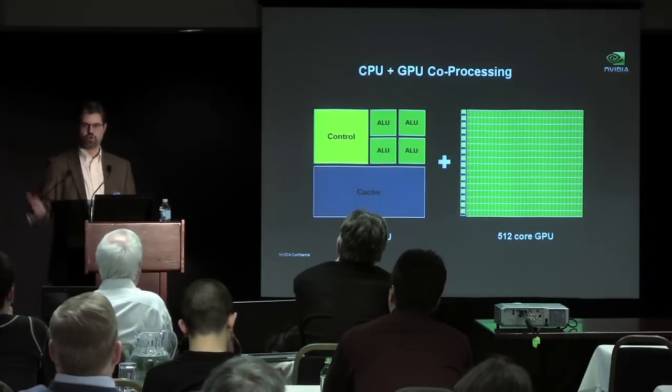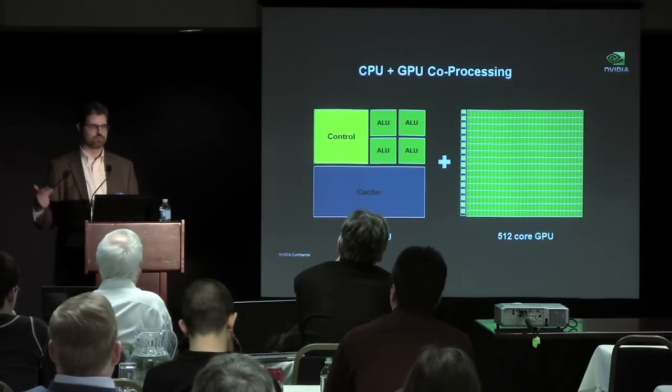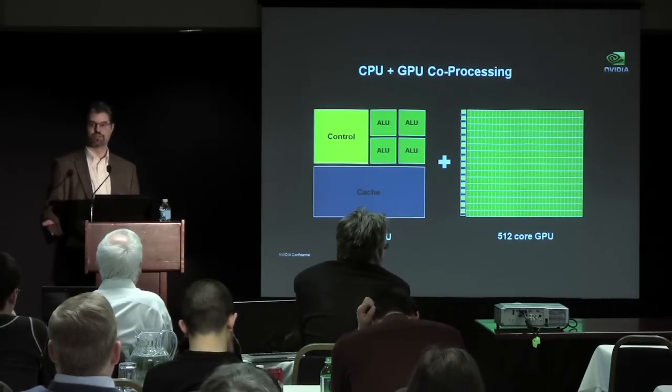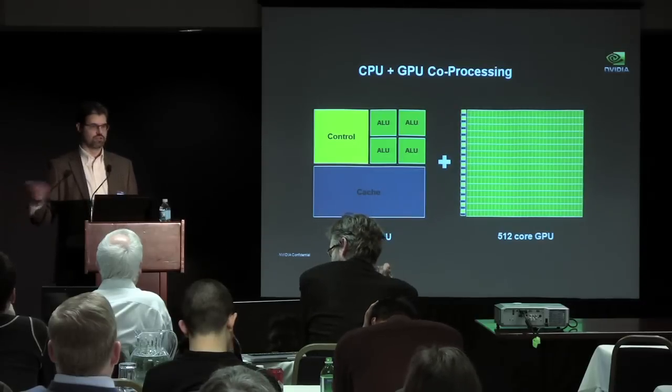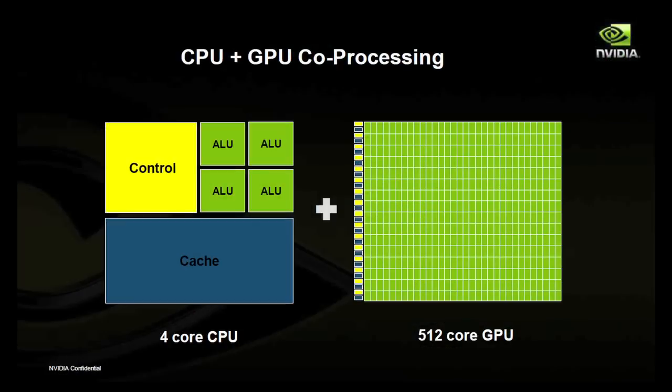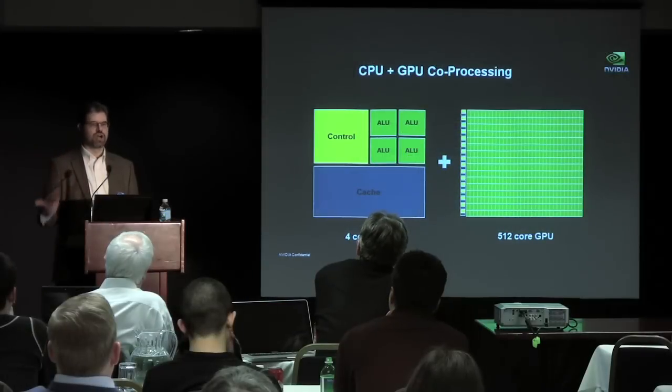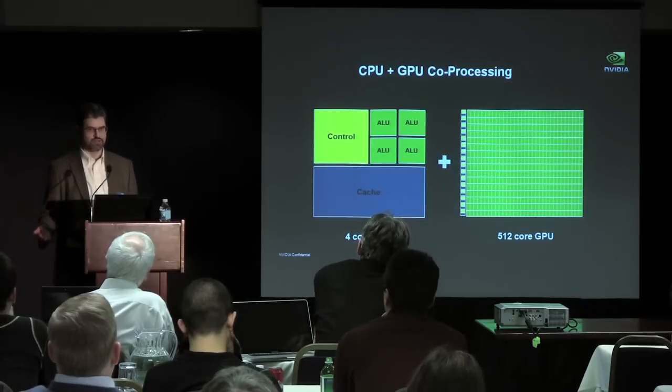We use it to orchestrate, we use it to set up our jobs, we use it to control our jobs, we use it to tear our jobs down. We cooperate with it, and we leverage its ability to manage the entire system. And so from that sense, even though we talk about GPU computing, we really mean CPU and GPU computing.